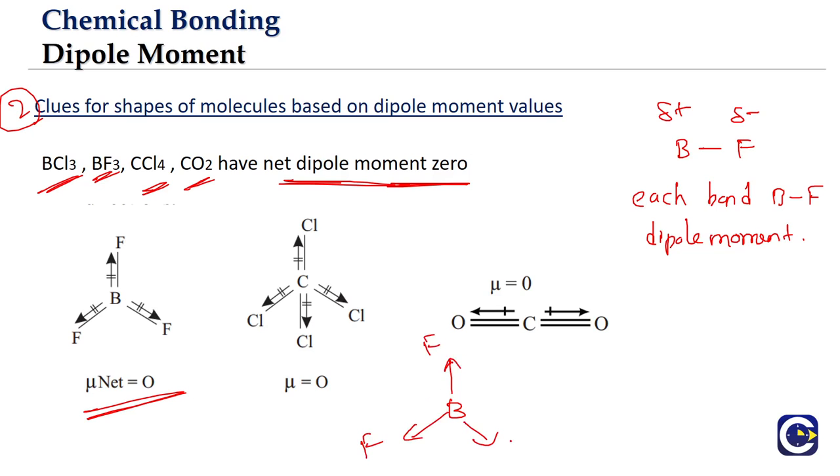When the 3 dipole moments of the bonds cancel each other. How will they cancel? The dipole moment values will be the same, because it is the dipole moment between boron and fluorine.